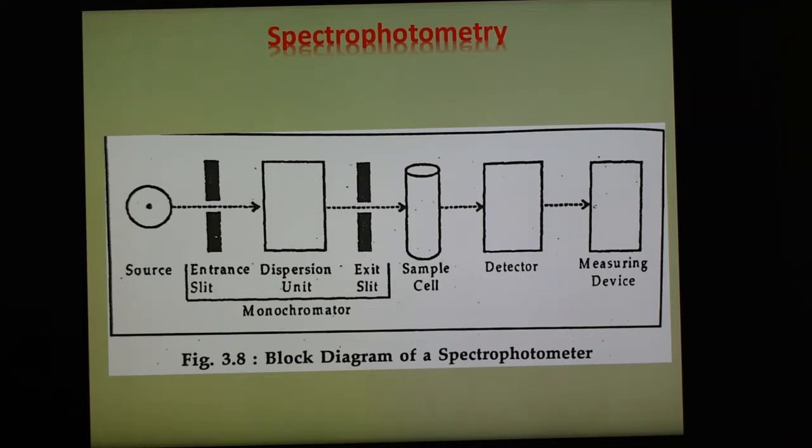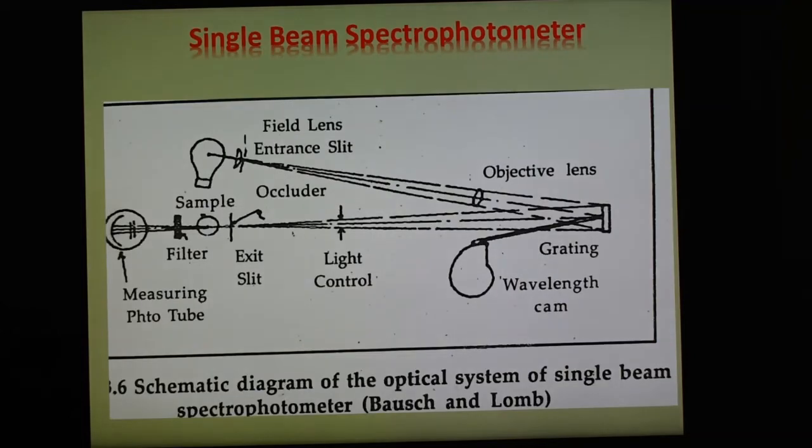So this is spectrophotometry, and spectrophotometers are of different types, single beam and double beam. In the next slide, this instrument shows a single beam spectrophotometer.